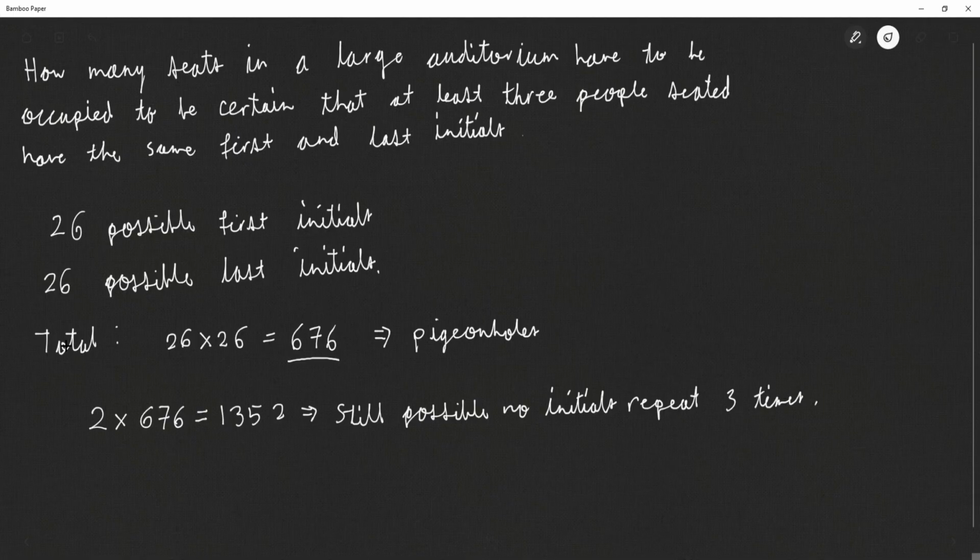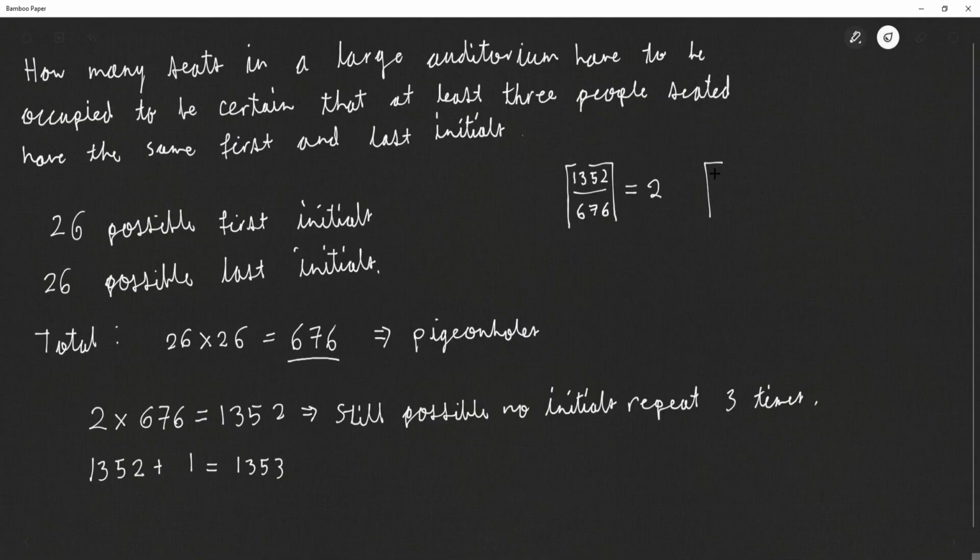So, in order to force one more person into a pigeonhole, we just need to add 1, which gives us 1,352 plus 1, which gives us 1,353. We can see this by the pigeonhole principle: if you take the ceiling of 1,352 divided by 676, this will give us 2 people per pigeonhole.